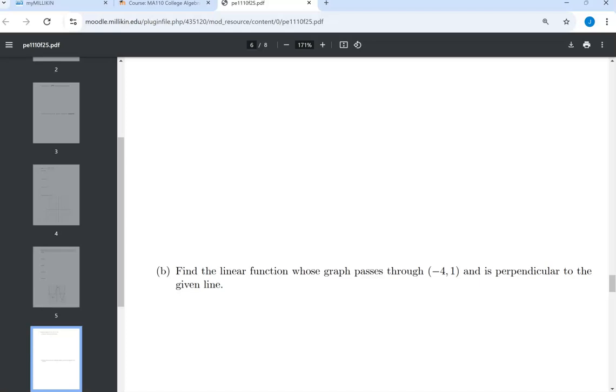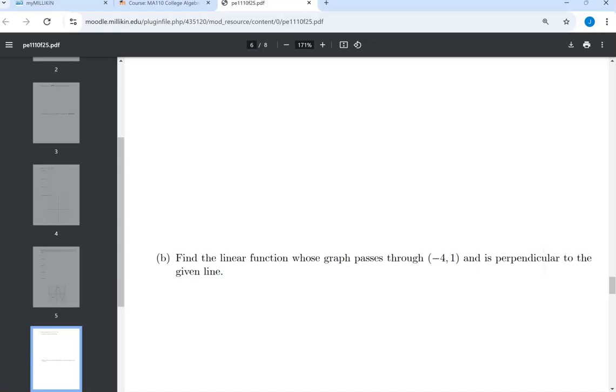What do we know about slopes when they're perpendicular lines? The negative reciprocal, right? Flip it upside down and switch the sign. Okay? And then we find the y-intercept by using our point. Right? We've done problems like that. And we did problems like that definitely when we were doing the linear model problems, right?